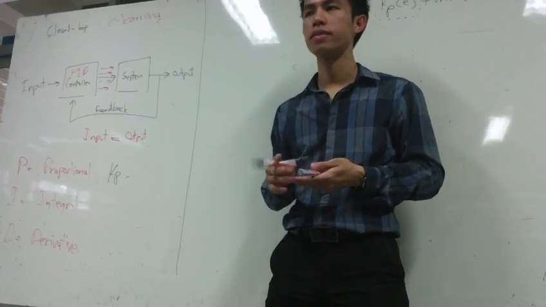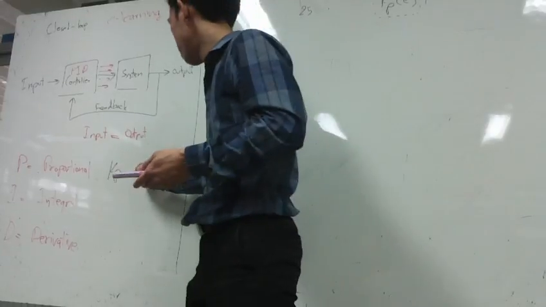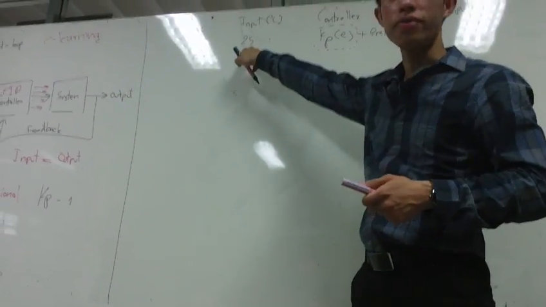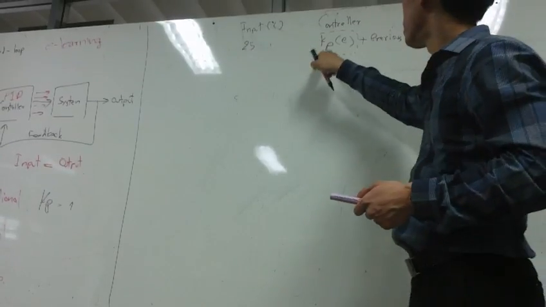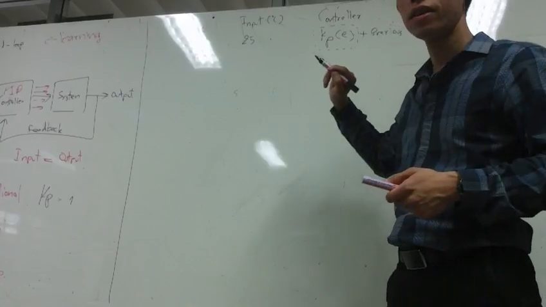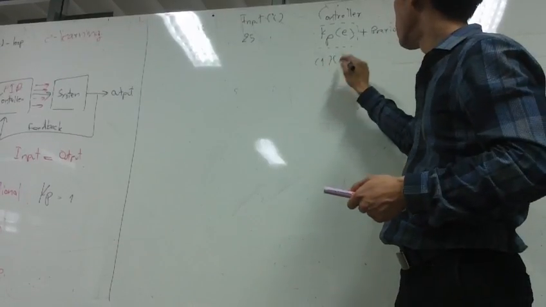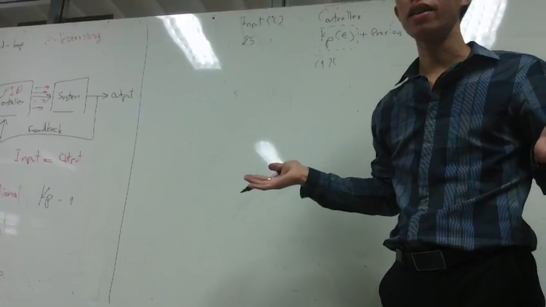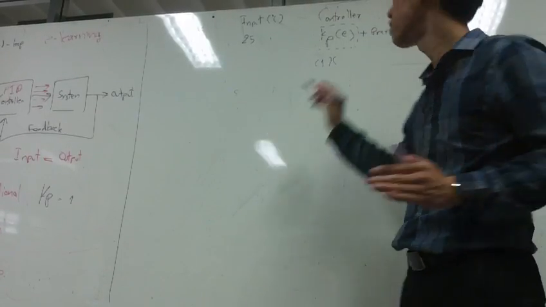Any number is fine. 1. So when you put in 25 Celsius, the P controller multiplies KP with the error. But we don't have any error. When we turn it on, there's no error.